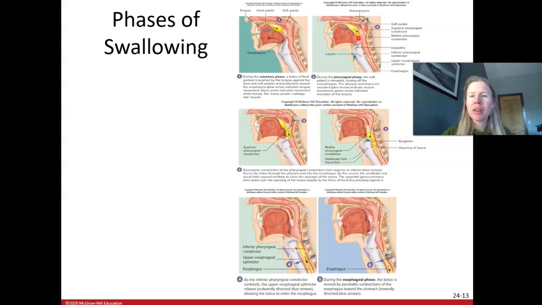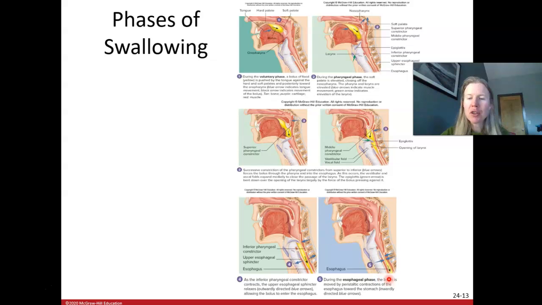And so here you can see the pharyngeal phase that's moving back into the pharynx. Again, we have sequential contraction of muscle along here to really push food down. Here's that point where the epiglottis is really covering over that opening in the larynx, the glottis, and the food is going to stay in the esophagus, right?